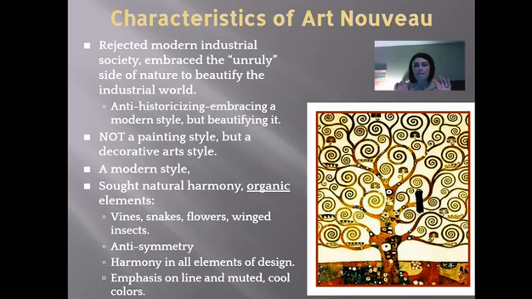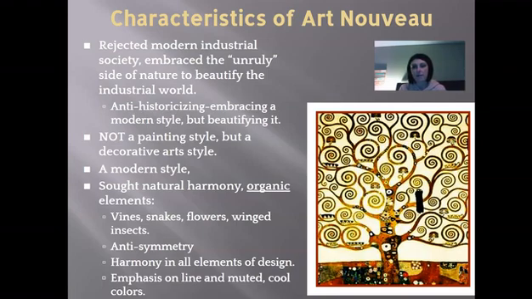What's really cool is they really liked Islamic art, because remember, Islamic art wasn't figural, it was very decorative because they couldn't show images. So the organic patterns of Islamic tessellation and the mosaics are something they really embraced. Art Nouveau is not just painting, although there are Art Nouveau painters, but it's really a decorative style.